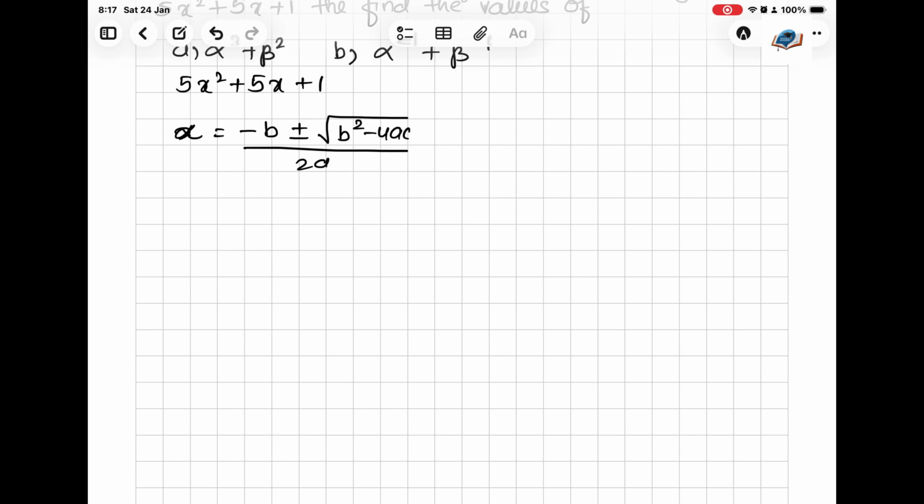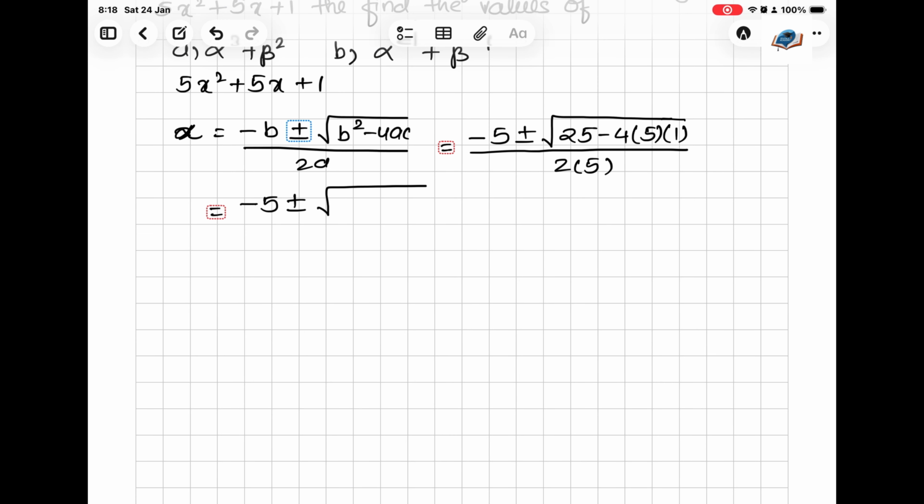So that will be minus 5 plus or minus root of 25 minus 4 into 5 into 1, upon 2 into 5. That is minus 5 plus or minus root of 25 minus 20 upon 10. So that is minus 5 plus or minus root 5 upon 10.